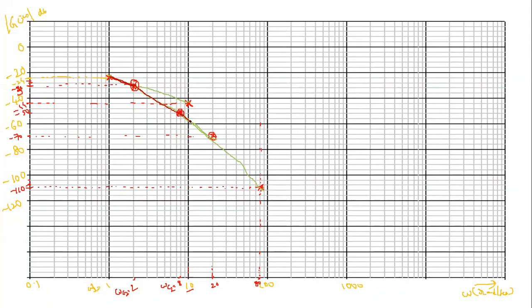Then second corner frequency to the next point, you can just draw a line. It is minus 20 dB per decade. This is also minus 20 dB per decade slope, and this is again minus 20 dB per decade slope.